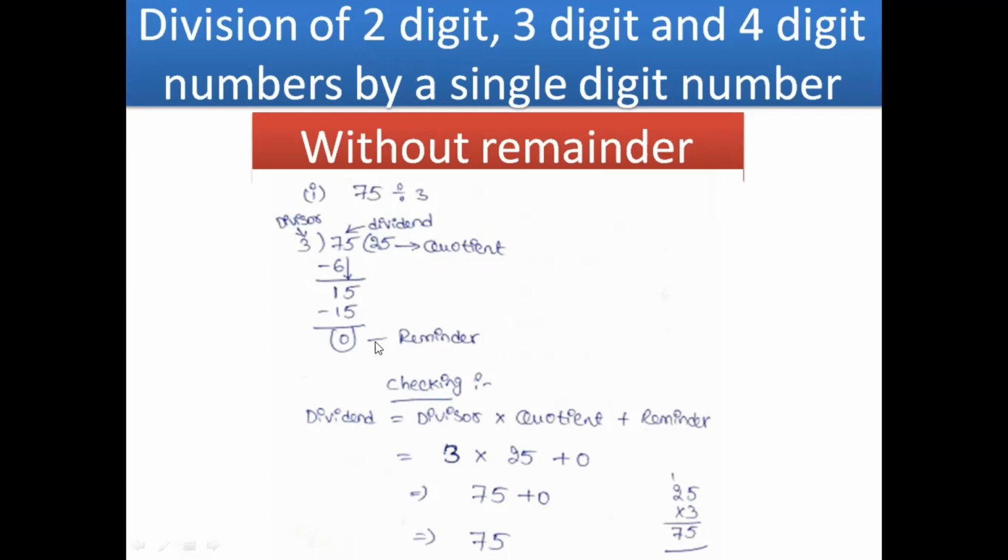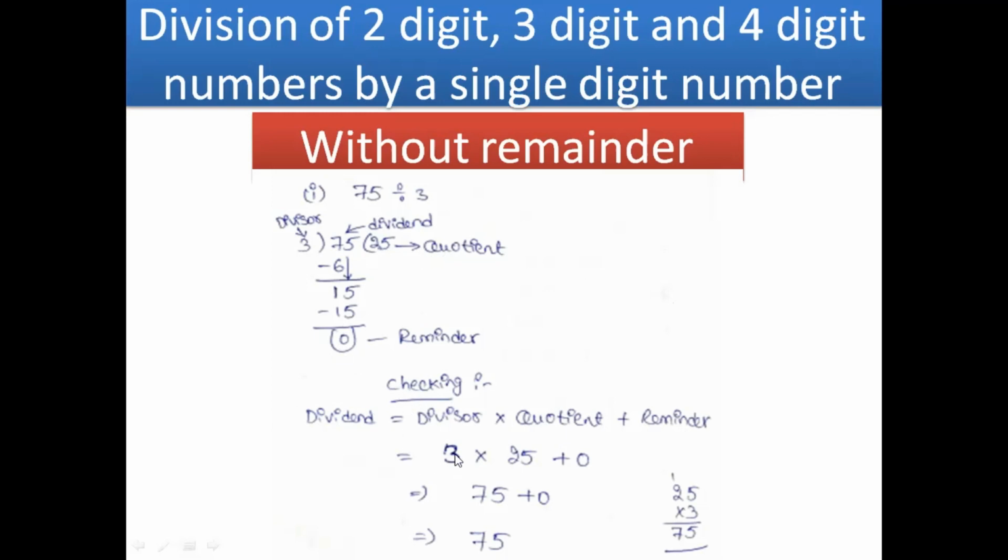Remainder is 0. 25 is the quotient. Now check it. Dividend is equal to divisor into quotient plus remainder. Divisor is 3, quotient is 25, remainder 0.